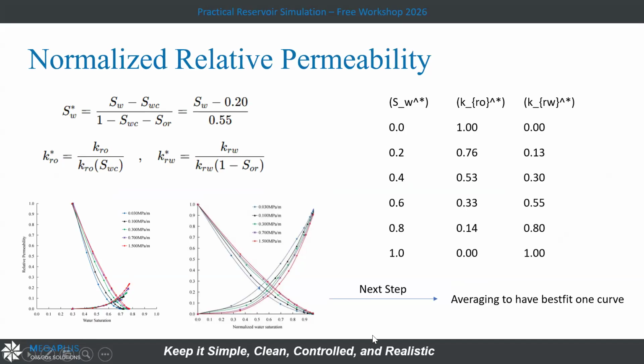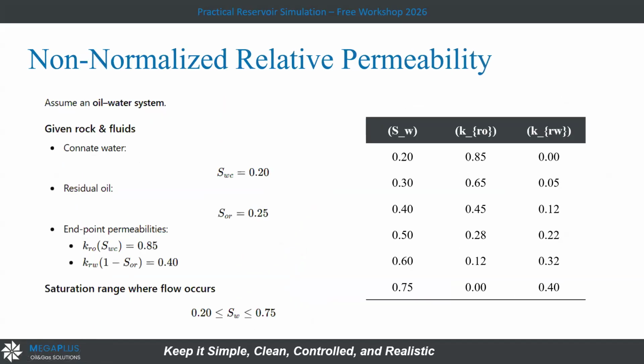How? By this simple equation. If I have here, as an example, a connate water saturation of 20% and a residual oil saturation of 0.25%, the endpoint scale relative permeability of oil at the connate water saturation will be 85. I'm doing it with numbers so you can understand. And the same thing for the relative permeability of water at the residual oil.